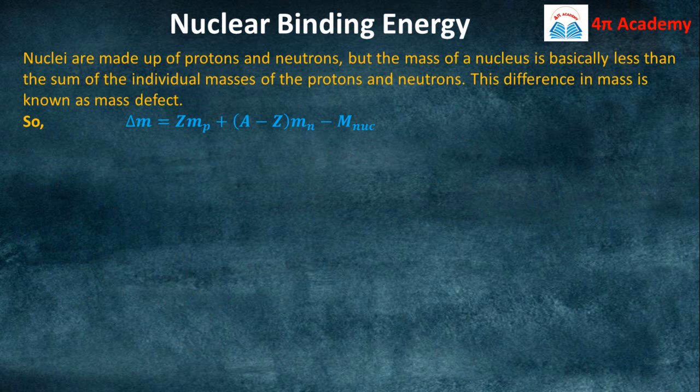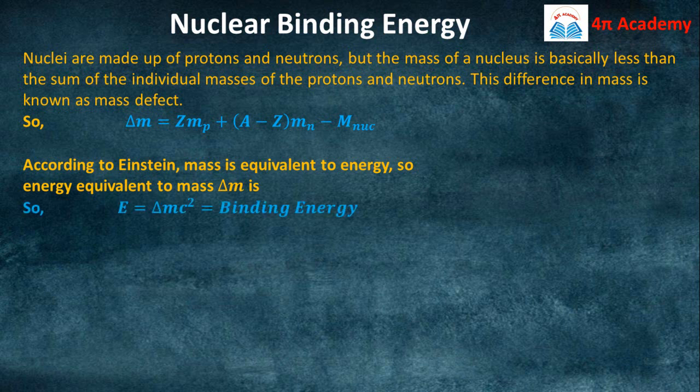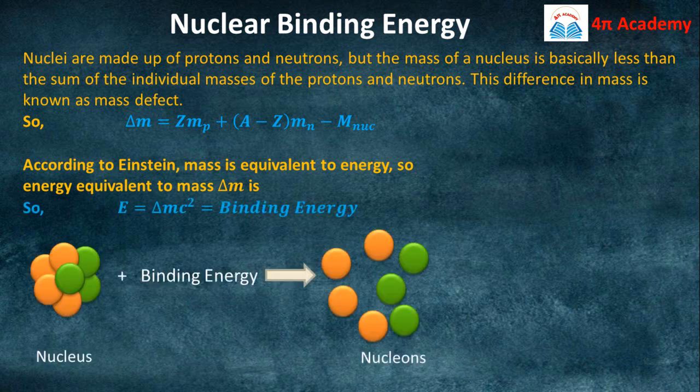First, we will discuss the nuclear binding energy. As we all know, nuclei are made up of protons and neutrons, but the mass of a nucleus is less than the sum of the individual masses of the protons and neutrons. The difference in mass is known as mass defect.